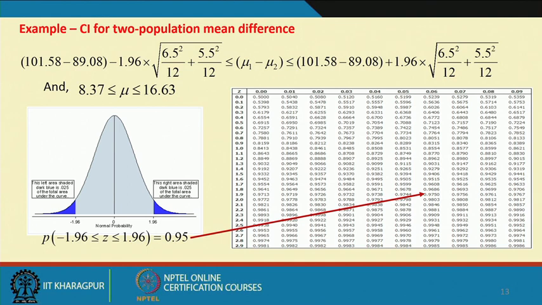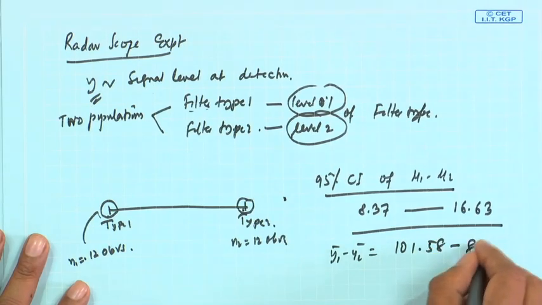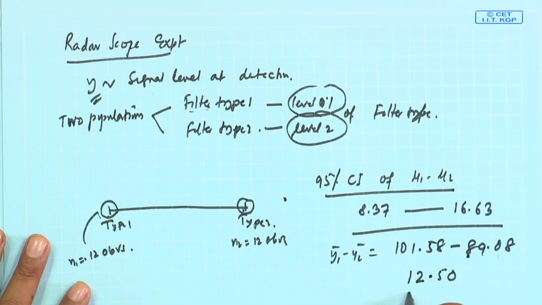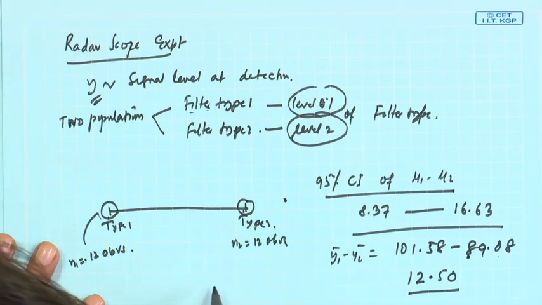The point estimate is y 1 bar minus y 2 bar, 101.58 minus 89.08, which is 12.50.